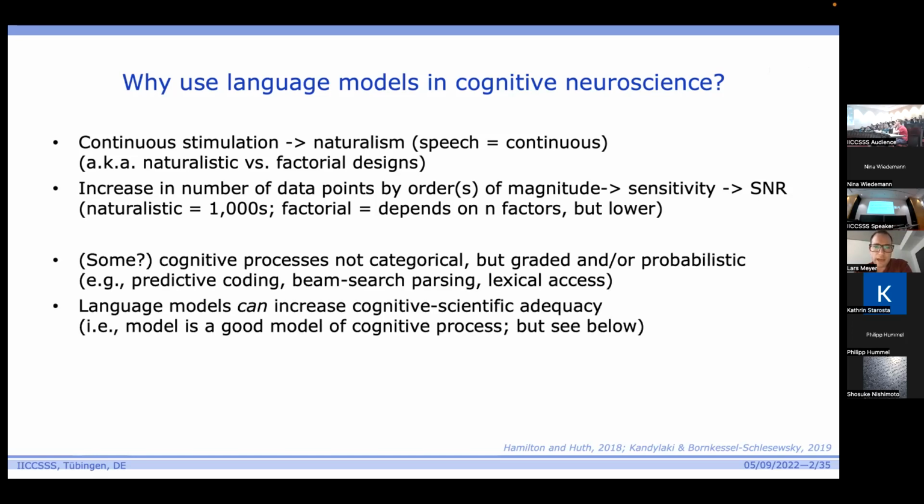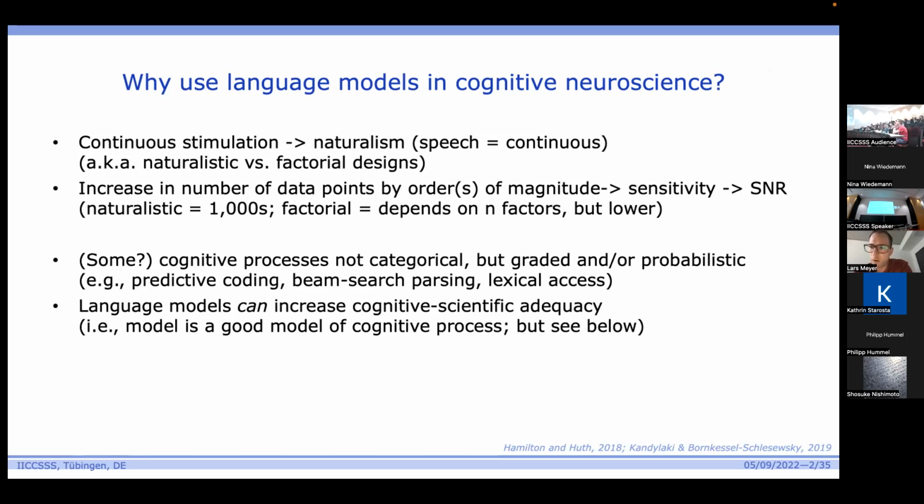Another reason for liking language models, and I think that's become more and more clear with the rise of predictive coding, for instance, in functional neuroimaging and in systems neuroscience, is that, I wouldn't say it's an accepted fact, but there's a lot of evidence for the idea that some cognitive processes are not really categorical.